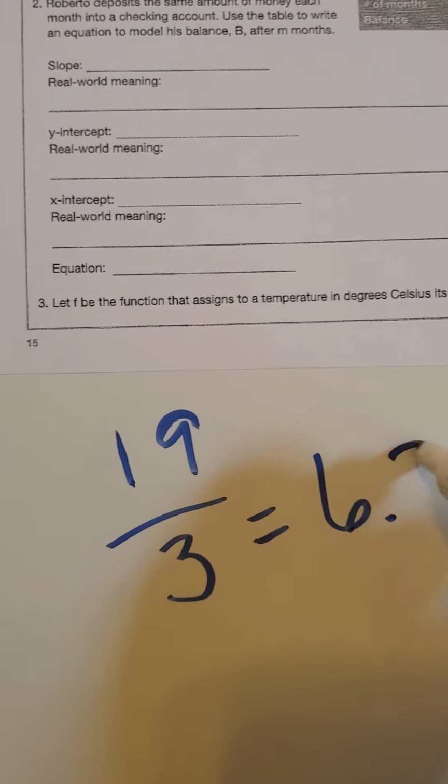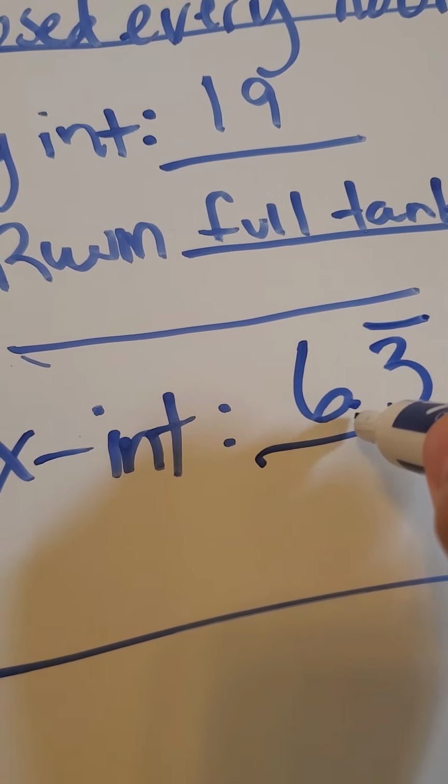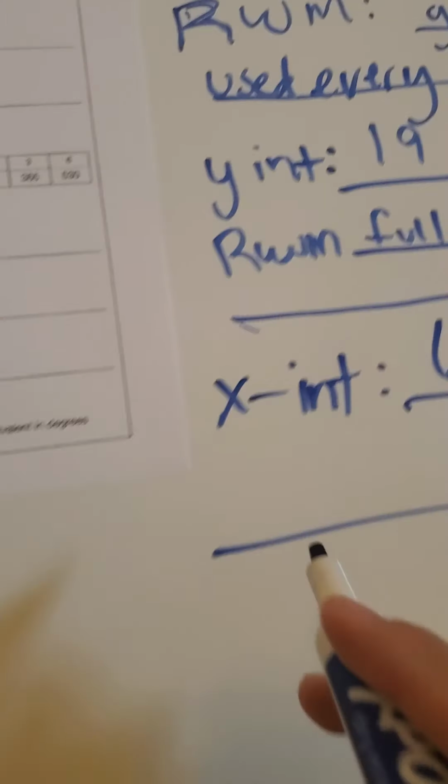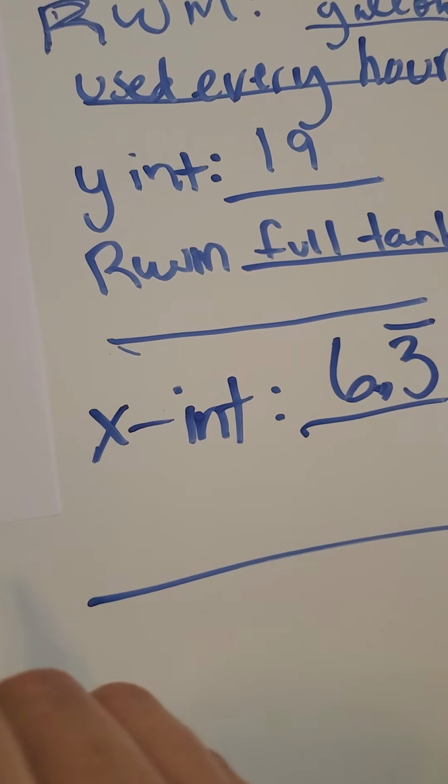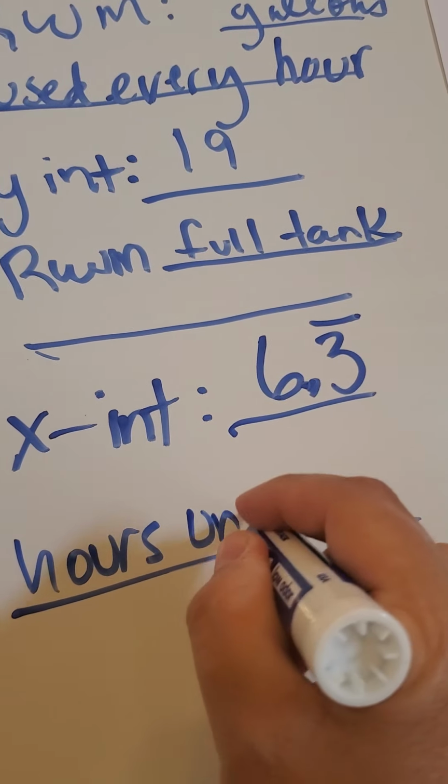And it's actually 6.3 repeating, okay? So that becomes my x-intercept. Hours until empty.